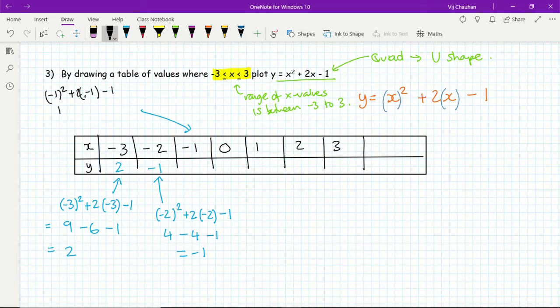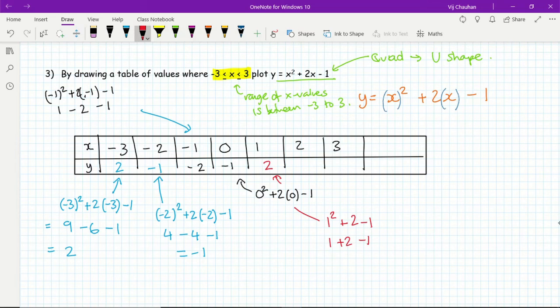So -1 squared is 1, 2 times -1 is -2, so 1 take away 2 is -1, minus 1 gives me -2. And then I've got 0 squared plus 2 lots of 0 take away 1, which is -1. And then going from this one here, I've got 1 squared plus 2 times 1, which is 2, take away 1, so that's 1, plus 2, which is 3, take away 1, which is 2.